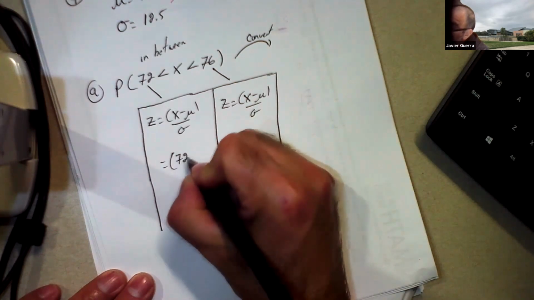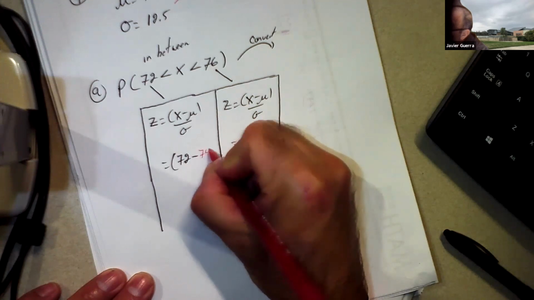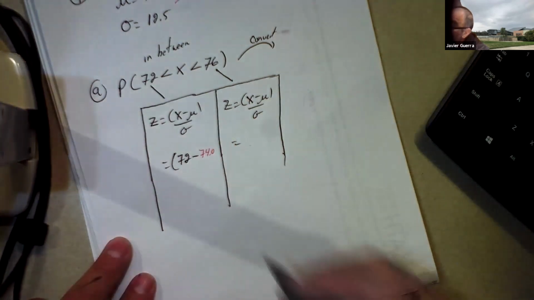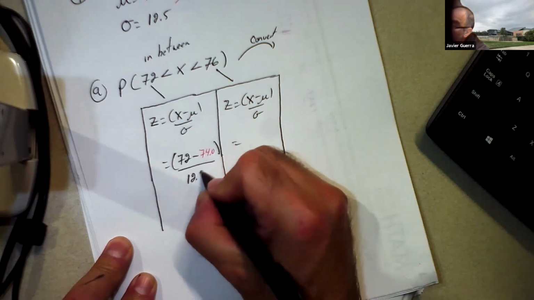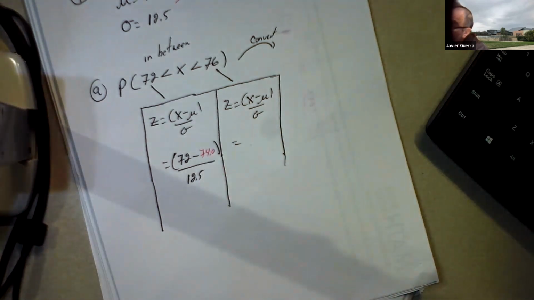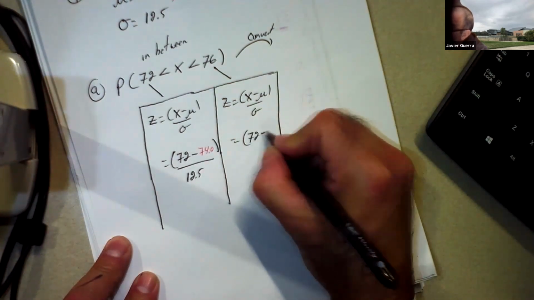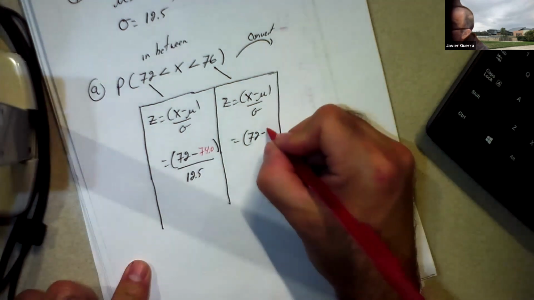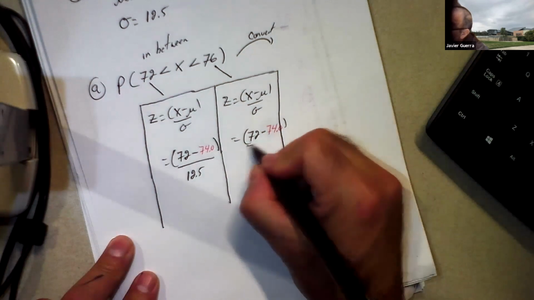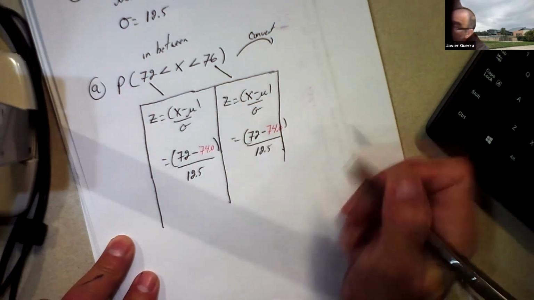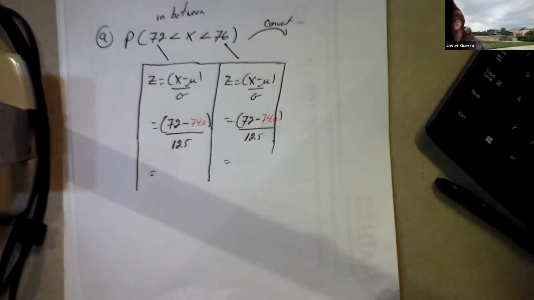So 72 minus 74.0 divided by 12.5. This is our usual one. We don't have to do any modifications on this one. I would divide by the square root of n, but we're doing 1 sample. Divided by 12.5. We're going to calculate both of them.